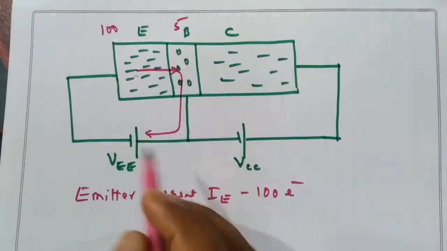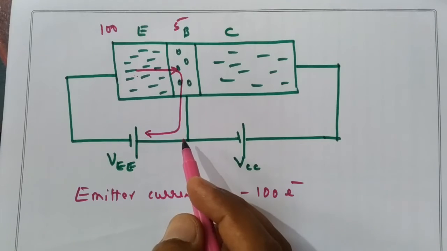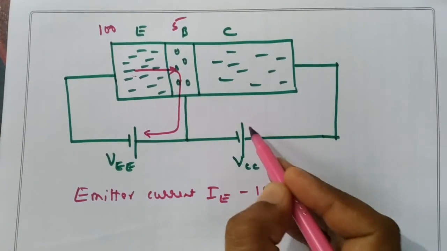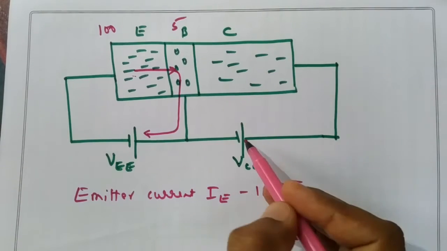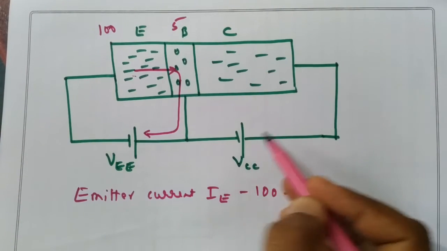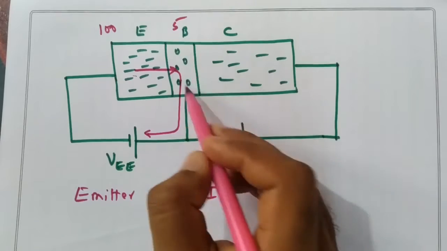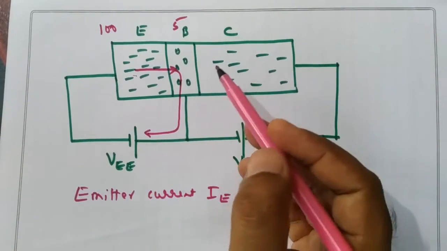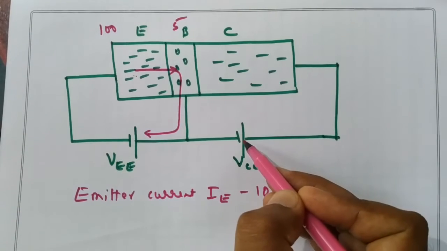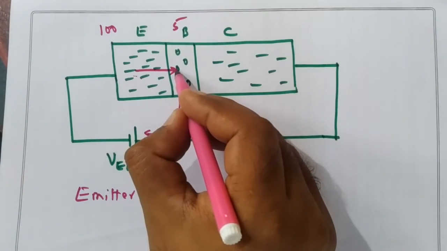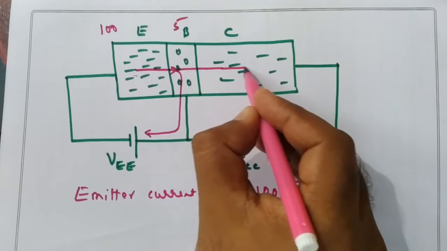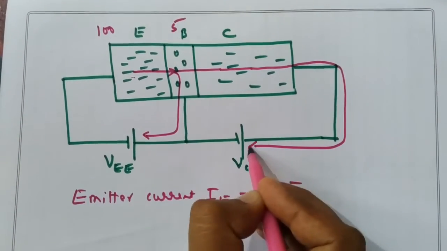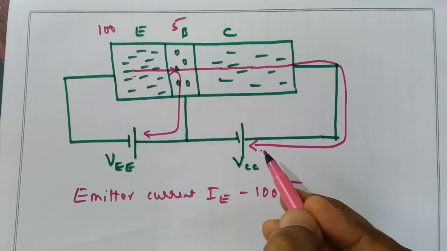Now there are the remaining 95 electrons. Those 95 electrons will be attracted by the positive of VCC, because this is the positive of the battery. So the remaining 95 electrons will go toward the positive of VCC.